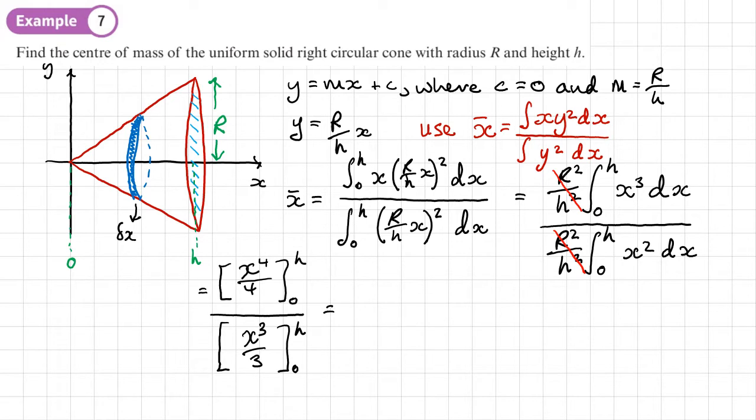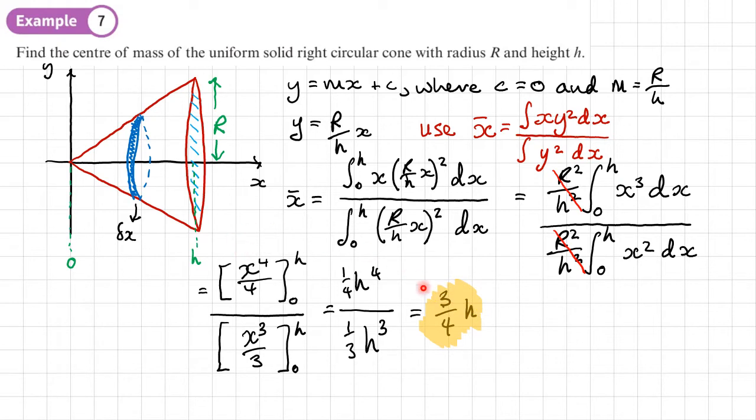Then putting the h in, I'll write it as a quarter h to the power 4, because it gets a bit messy, fractions over fractions. And then at the bottom it will just be a third h cubed. Obviously when you substitute in the 0, there's going to be nothing there, so we'll just simplify that, and that just becomes 3/4 h.